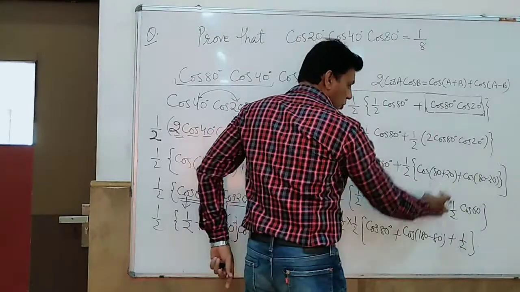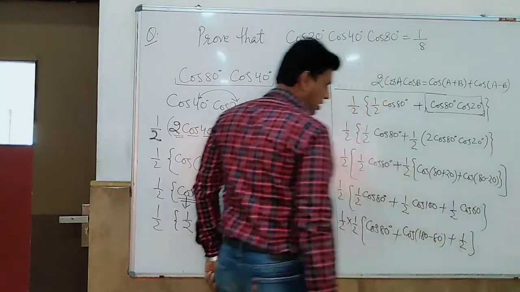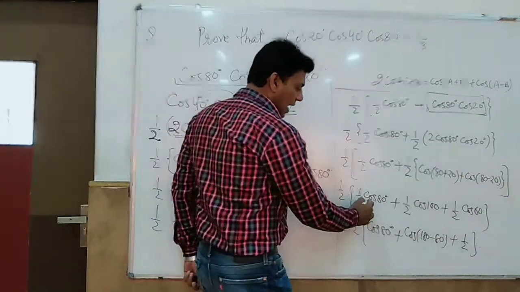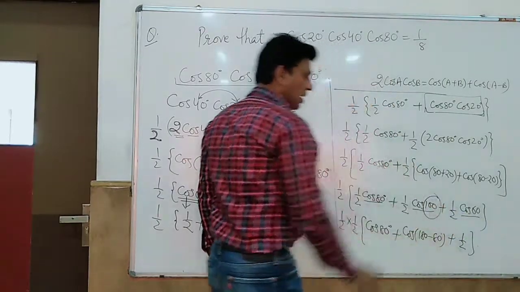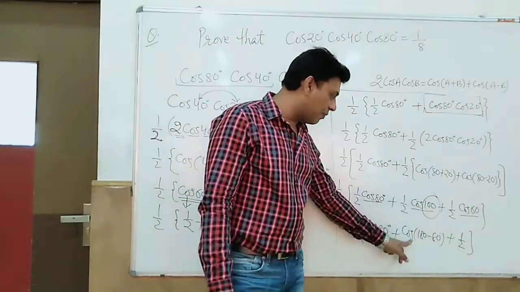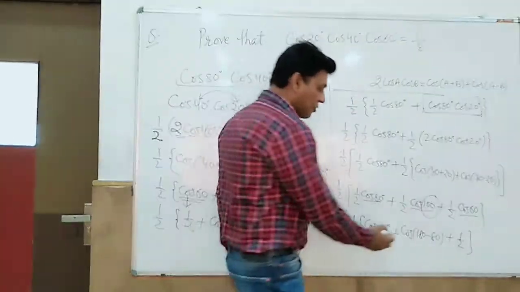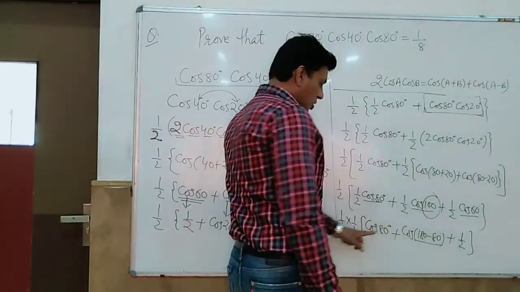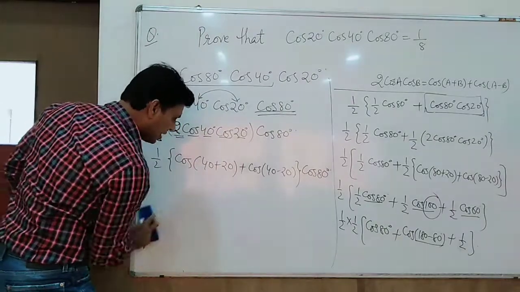So 80 plus 20, that is cos 100, and 80 minus 20, that is cos 60. So now we have cos 80, cos 100 and cos 60. This angle, 100 degree, is an obtuse angle, so we can change it with a multiple of 180. 100 can be written as 180 minus 80. So this way, now the question is one step ahead.